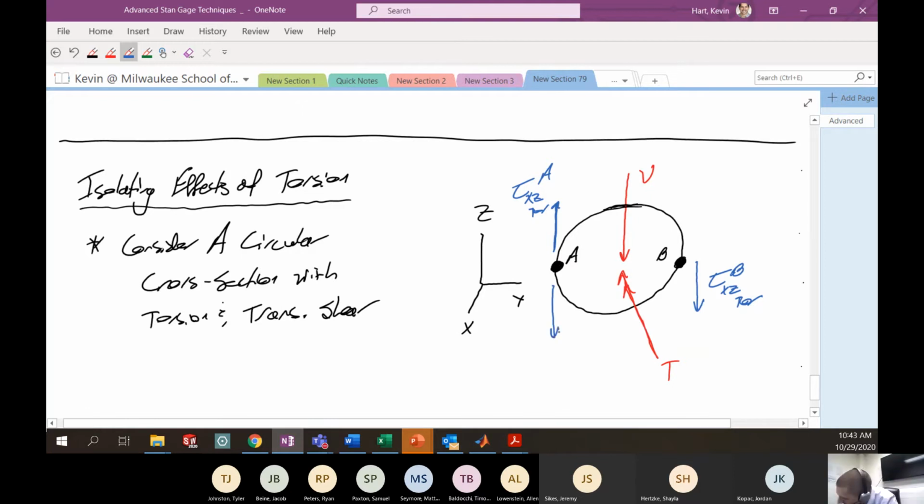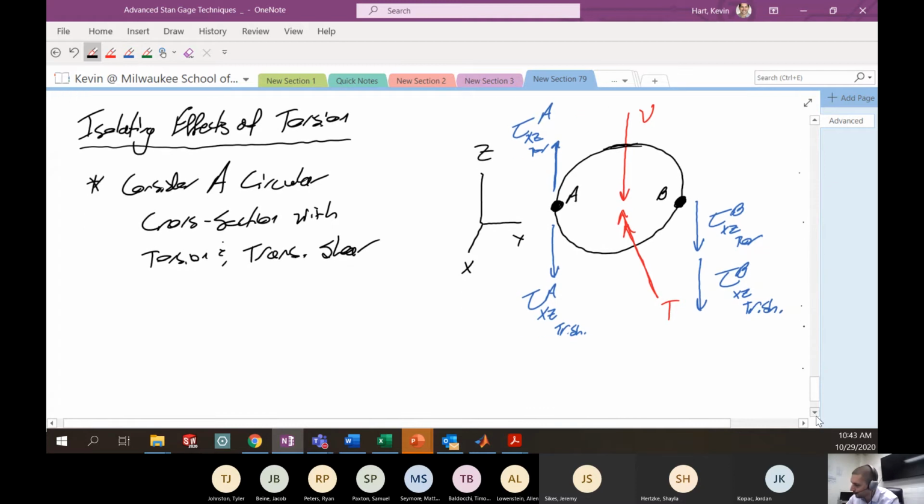So at point A, we have this shear stress on the X face in the Z direction from transverse shear at point A, which is acting downwards. And it also acts downwards at point B from transverse shear. Okay. So we just know this to be true from our combined loading background.